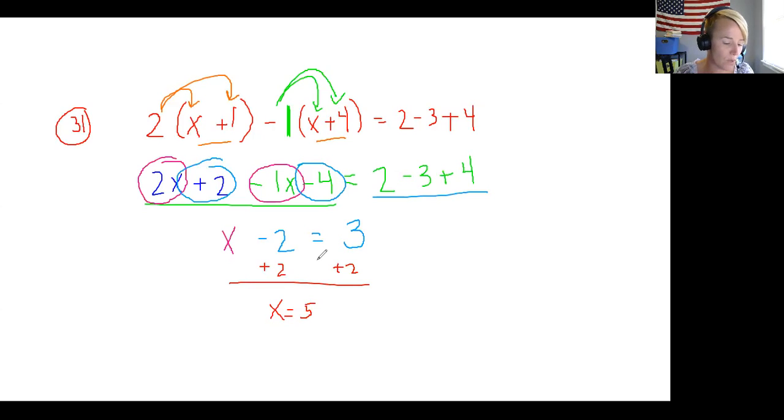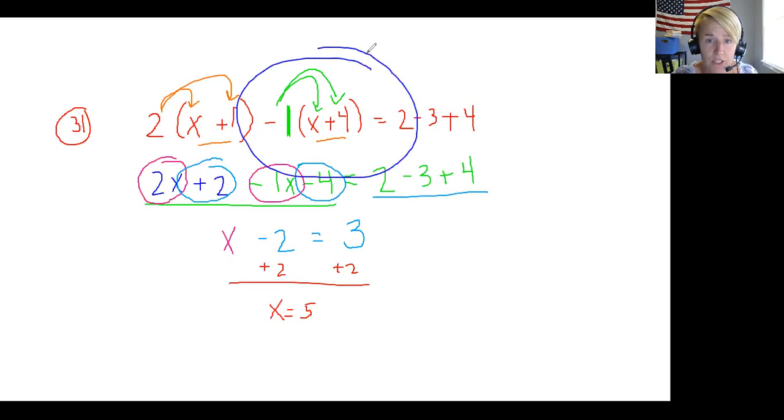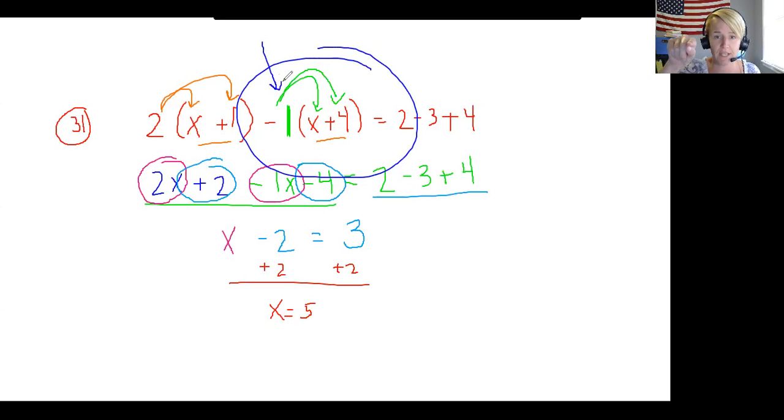But that is how you're going to want to work 31 through 36. You're going to have to use the distributive property. And I will tell you where everyone messes up. Seriously, the big mess up is right here. Because you have to remember that there's this -1 and you have to distribute this out. You can't just say minus and then just start throwing in minus x plus 4, because this is not a plus 4.